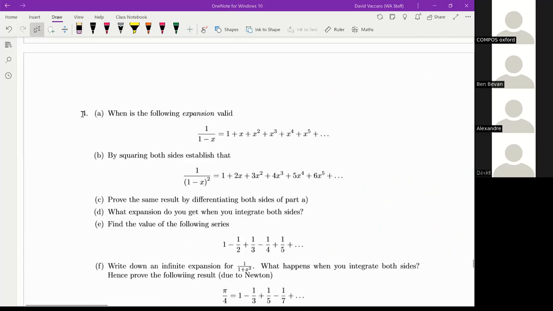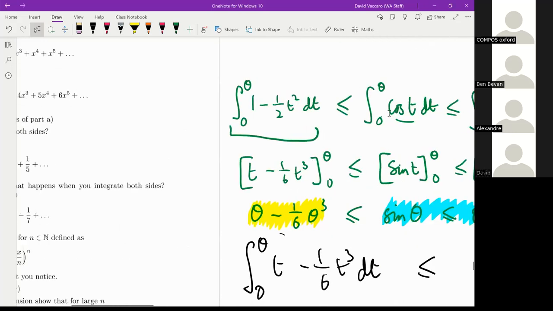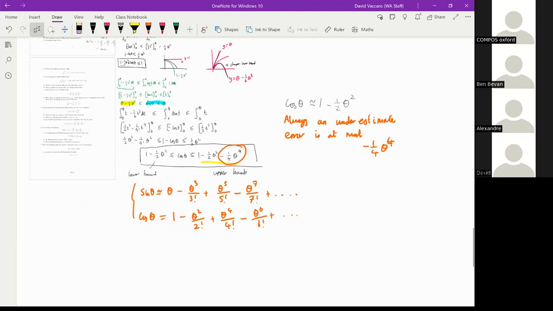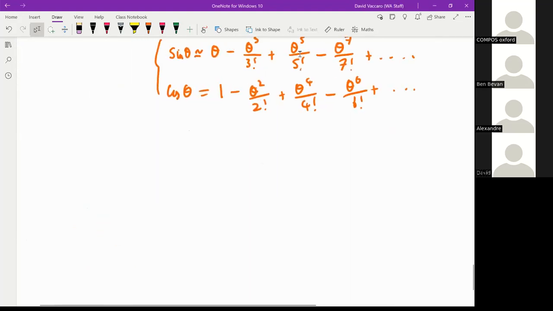Oh, this one's very nice actually towards the end. So I'm just going to snip this. Okay, so we're going to look at an expansion which is familiar.